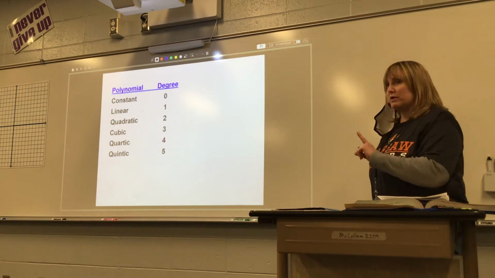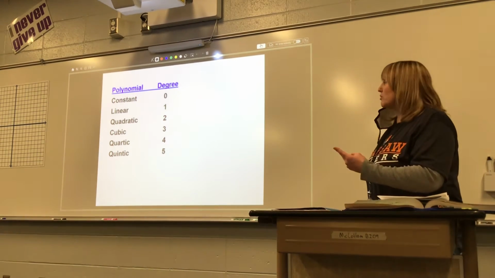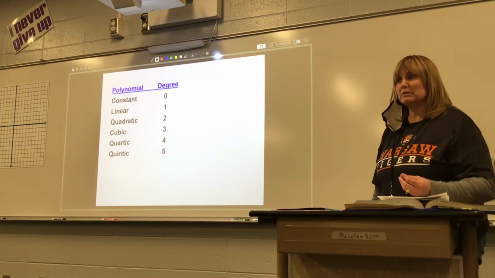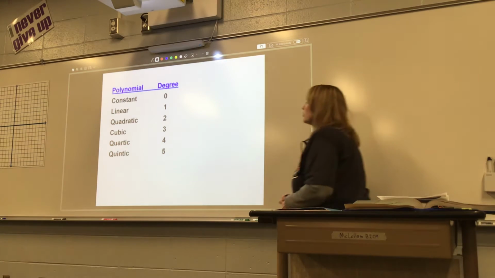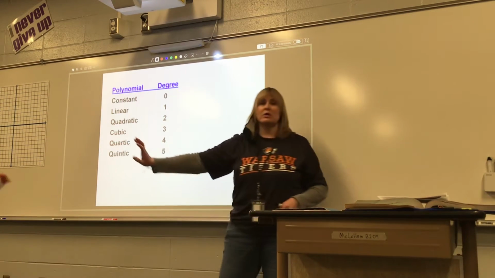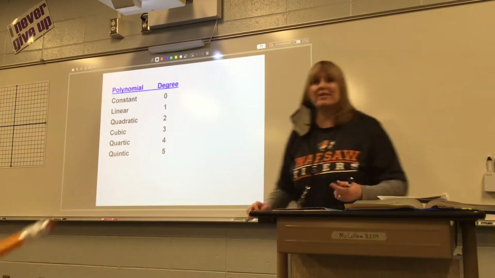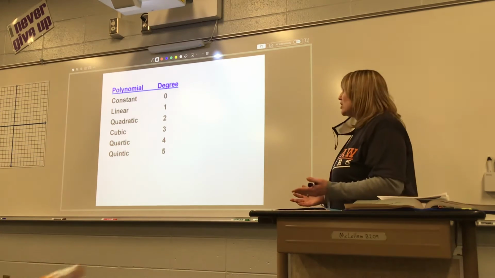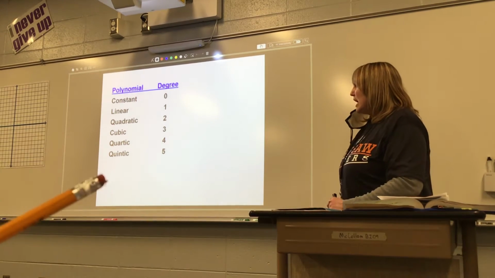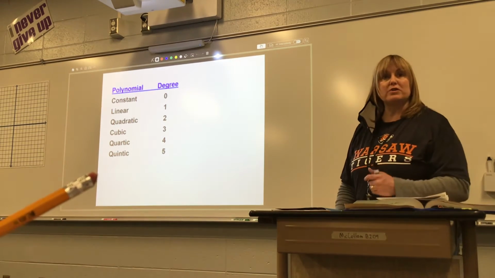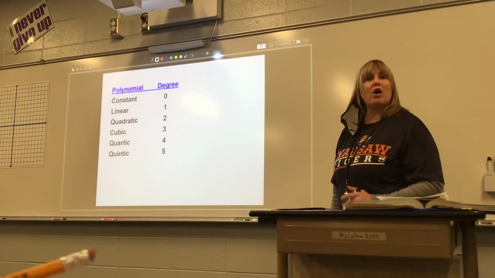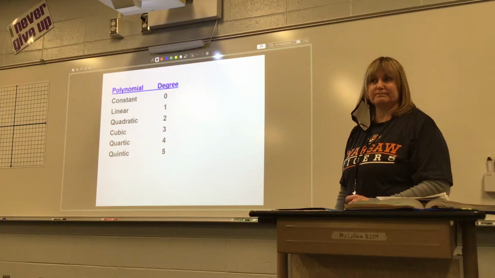Then the linear, degree 1, quadratic, degree 2, cubic makes sense, degree 3. Quartic, degree 4, a lot of you know the prefix quart. 4 quarts equal a gallon, that's a conversion you may know. So a quartic has a degree of 4, and then quintic is where the degree will be 5. After that, we just generically call them polynomials.